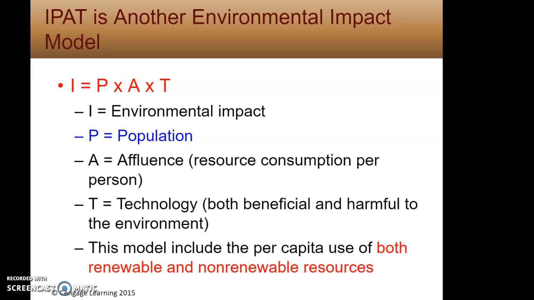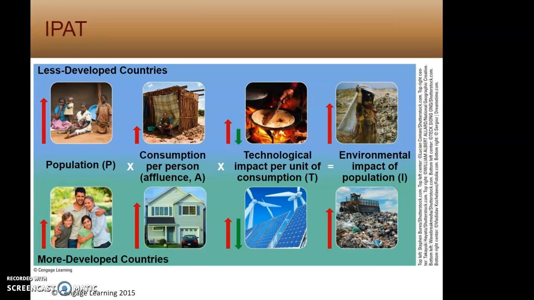So the more affluent a country is, the more natural resources they are going to consume. And then technology can go 2 ways. One is beneficial, that means green technology, such as solar panels, compared with harmful technology, like when we learned how to use fossil fuel. So in this model, they include both renewable energy and non-renewable energy for calculation.